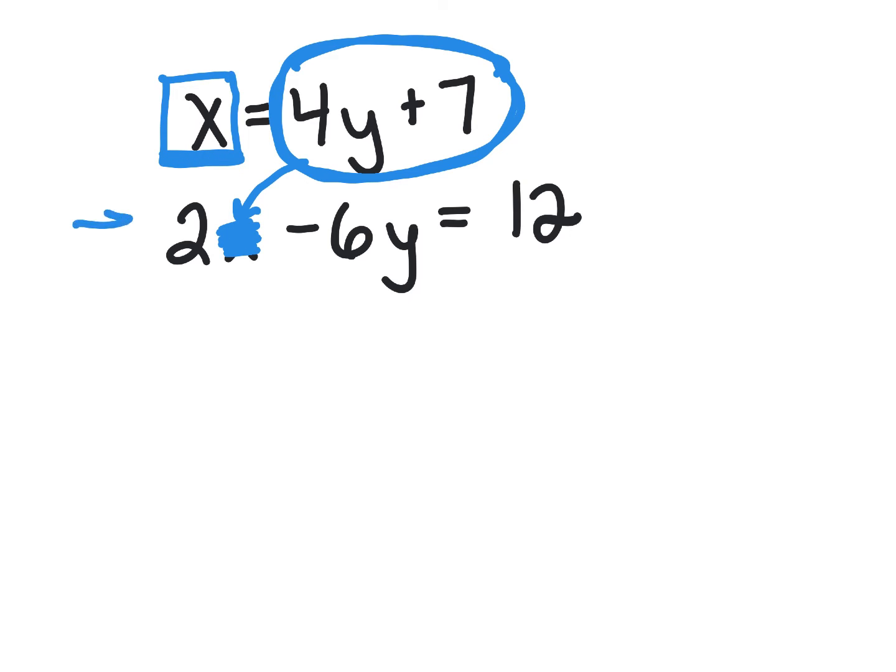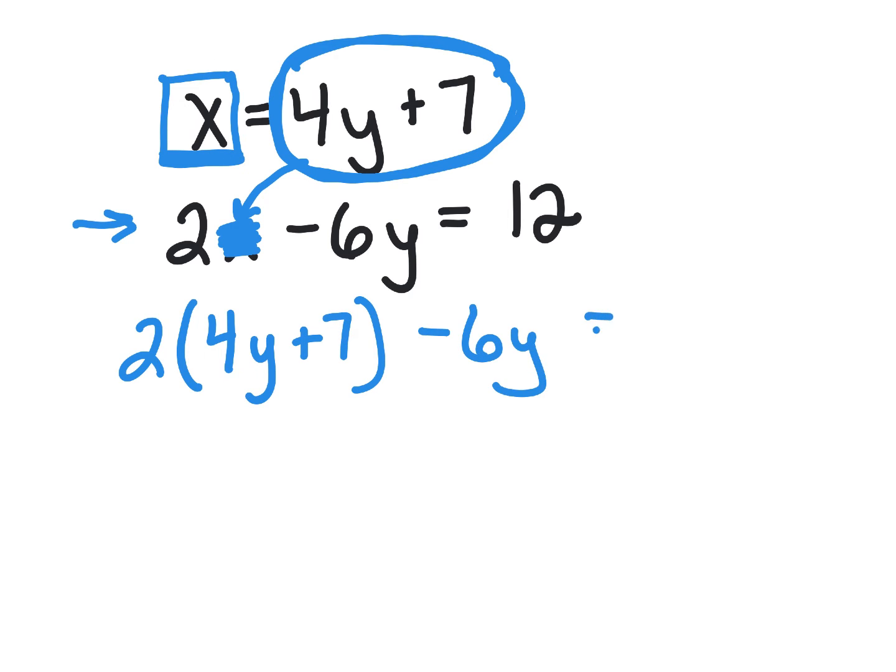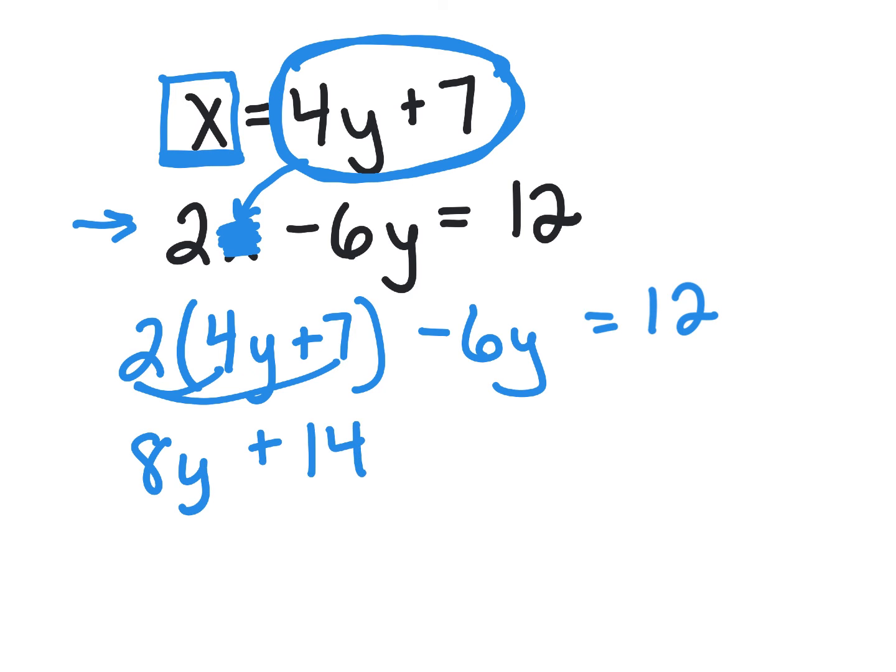And now I'll rewrite this equation, and it'll say 2, but instead of putting in x, I'm substituting in 4y plus 7. And then the equation still says minus 6y equals 12. And now I'm going to solve this equation, so I'll have to distribute first. I'll get 8y plus 14 minus 6y equals 12.